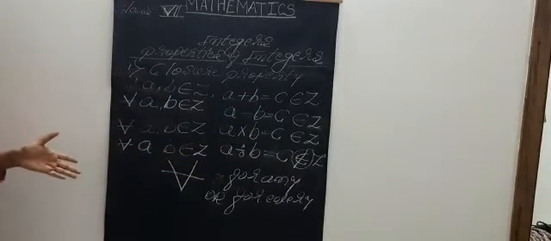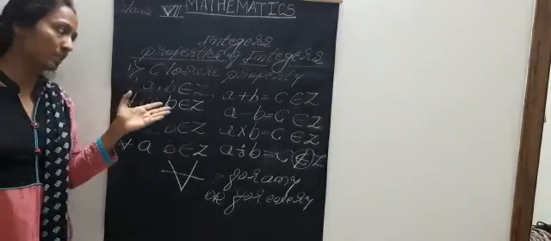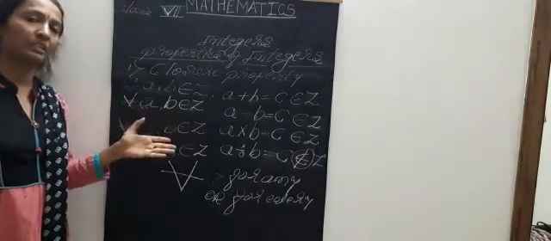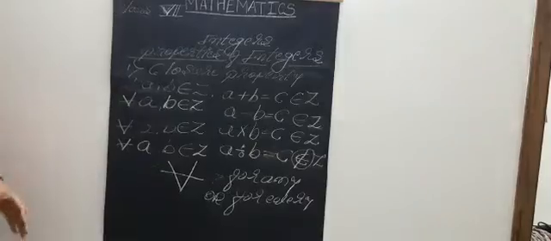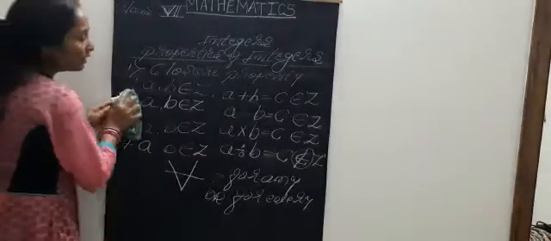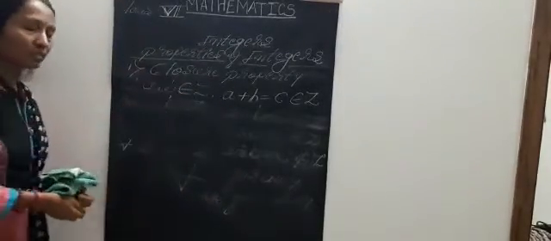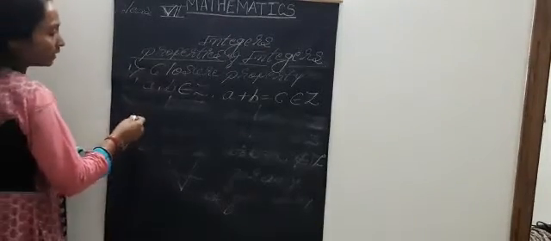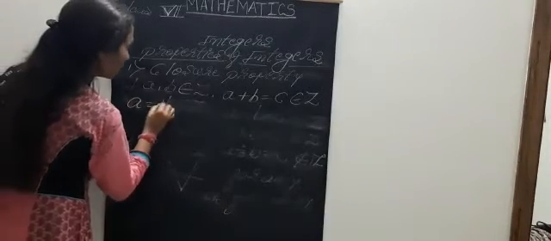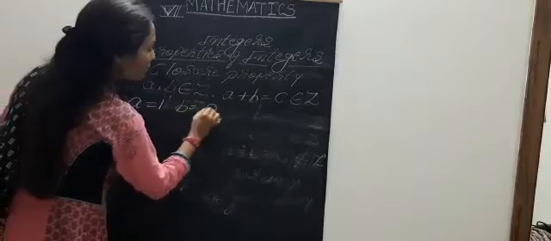Let us check whether the closure property is satisfied for addition, subtraction, multiplication and division by taking one simple example. For any a comma b belongs to Z, let us take any two numbers. a is equal to 1 and b is equal to 2.